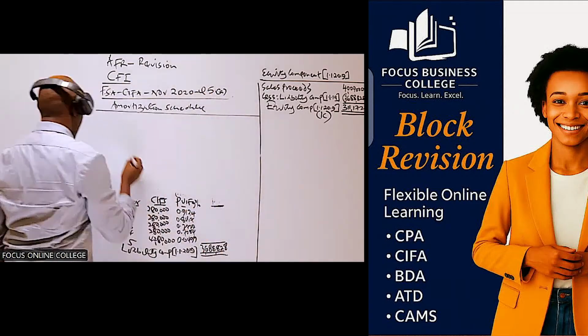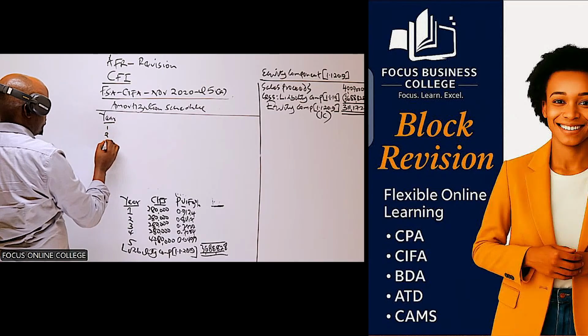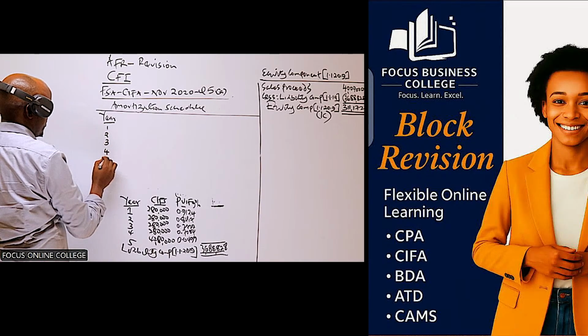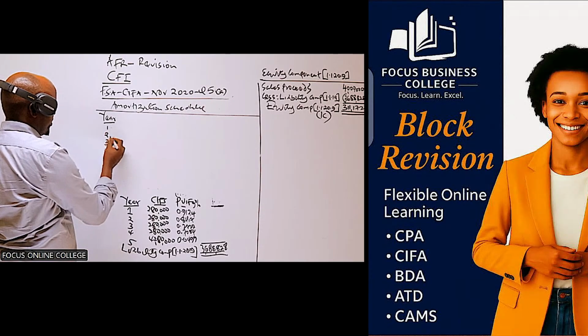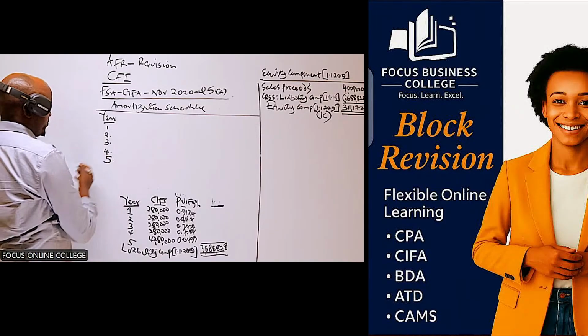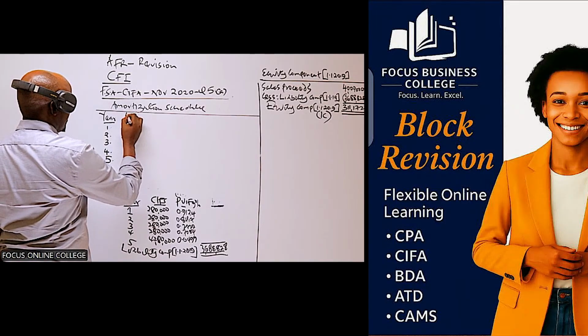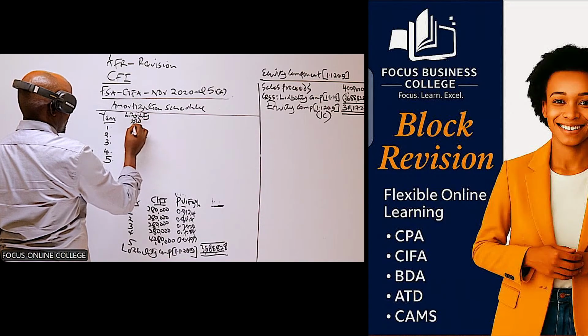Here we need to have 5 years: year 1, year 2, year 3, 4, 5. Remember, these years are 2019, 2020, 2021, 2022, 2023. The next column will be the liability at the start of the year.